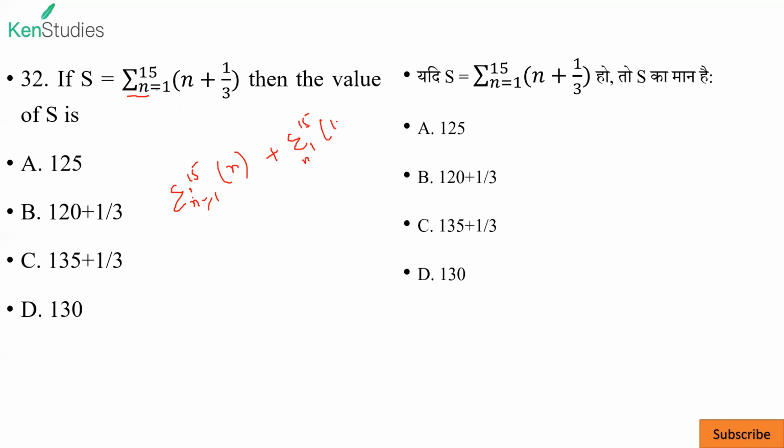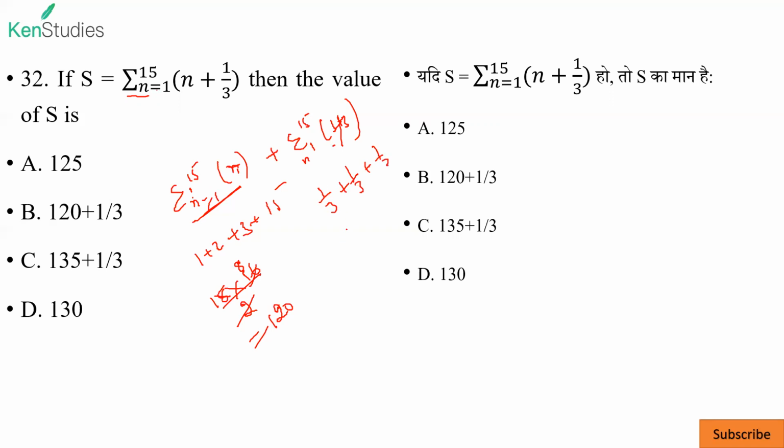So 1 plus 2 plus 3 up to 15 gives 15 into 16 by 2, which is 120. Next, 1 by 3 plus 1 by 3 plus 1 by 3, 15 times, gives 15 by 3, which equals 5. So 120 plus 5 equals 125. So 125 is the correct answer.